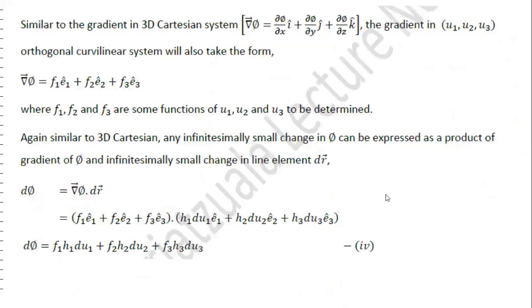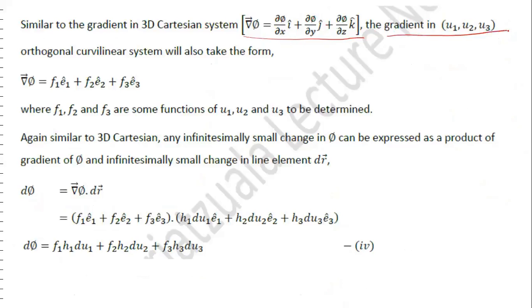Similar to the gradient in the 3D Cartesian system, which is expressed like this: del phi upon del x i cap, del phi upon del y j cap, where i, j, and k are the unit vectors and these coefficients are certain functions that result after differentiating, right?